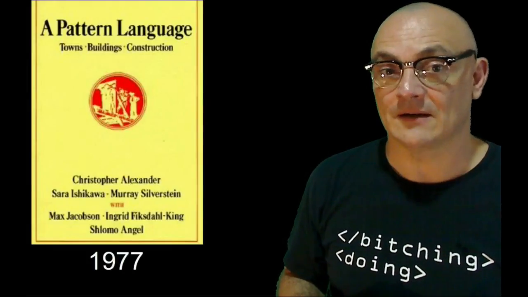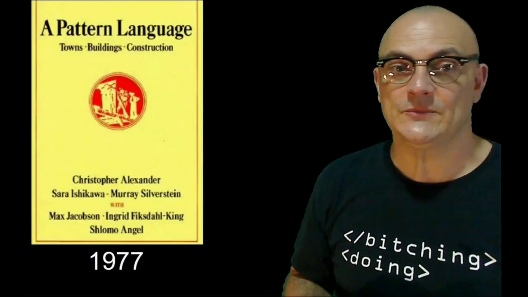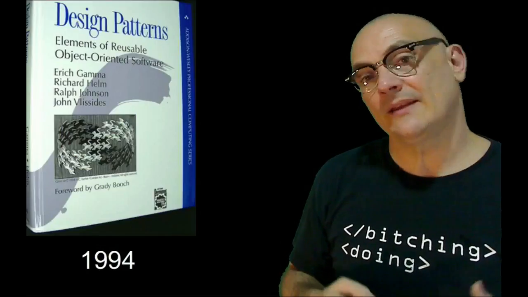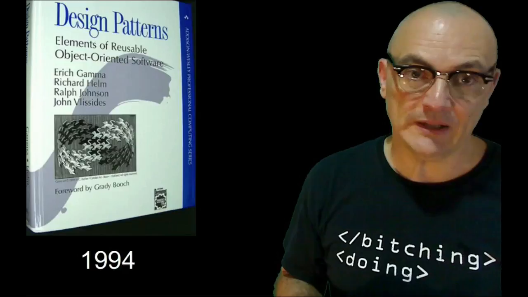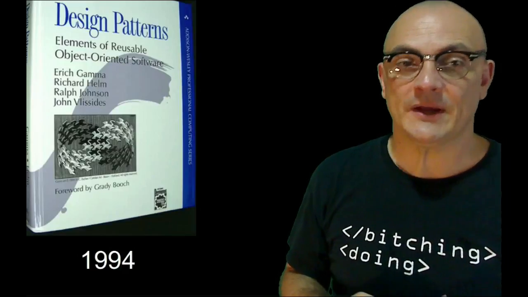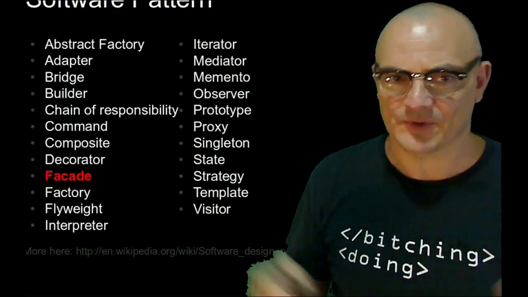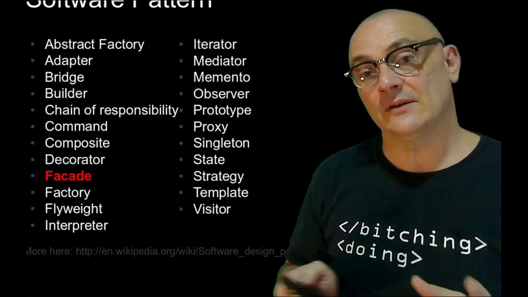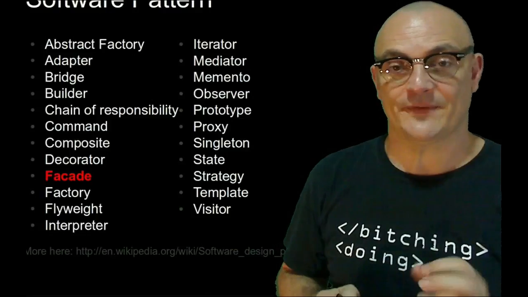Later on, this was picked up, and in 1994 Gamma, Helm, Johnson and Vlissides published Design Patterns, which applied the idea that Alexander had for real-life buildings to software buildings. There is a bunch of design patterns available: abstract factory, memento, observer, prototype, and whatever. And the pattern that helps us in the game between server-side JavaScript and Java is the Facade pattern.